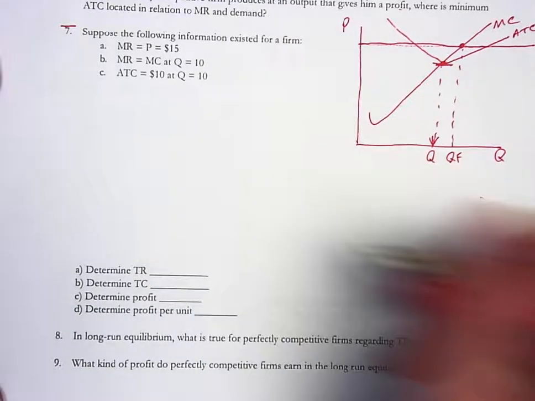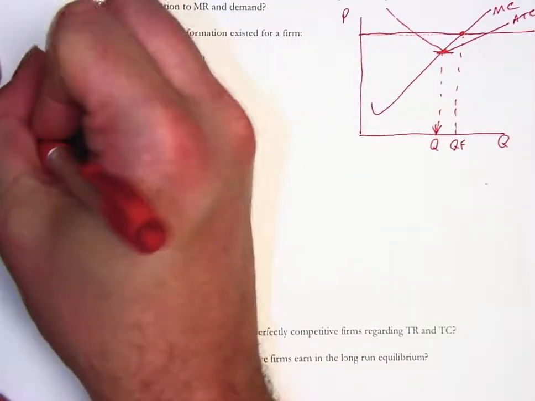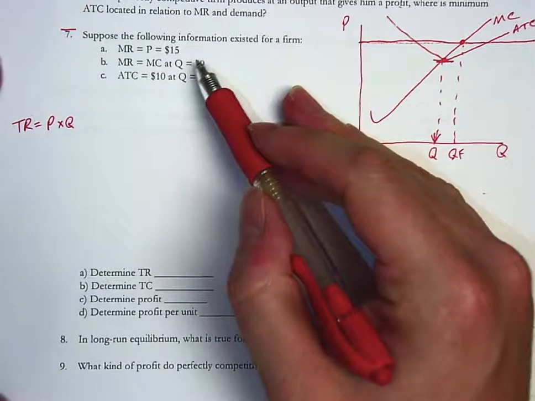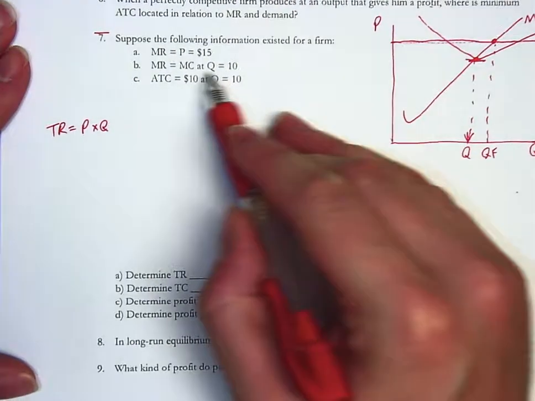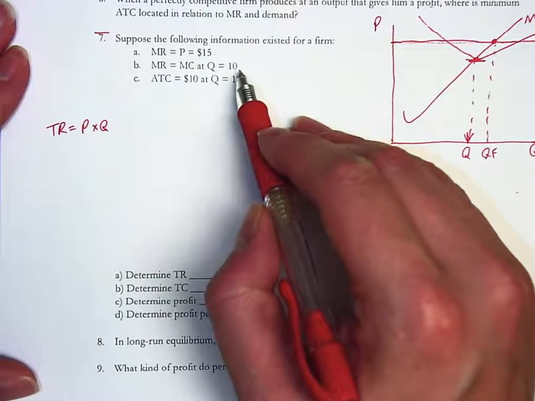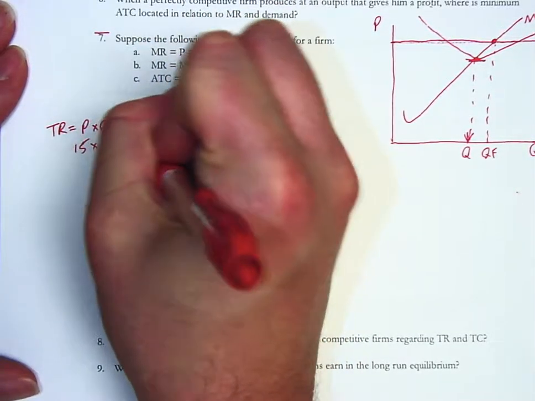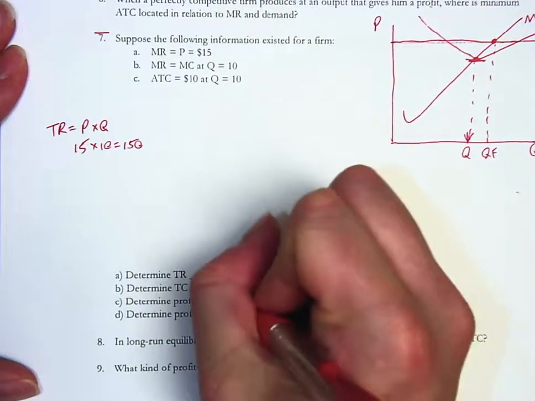If we want to determine TR, TR equals price times quantity, and we are given that the price is 15, and the quantity where they're producing at MR equals MC is 10. So 15 times 10 equals 150.